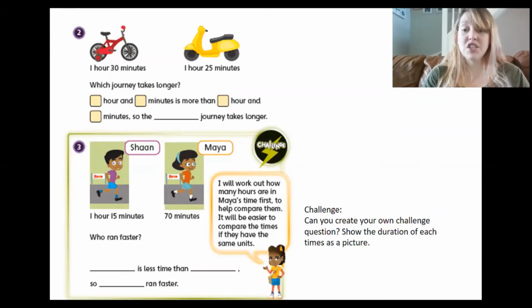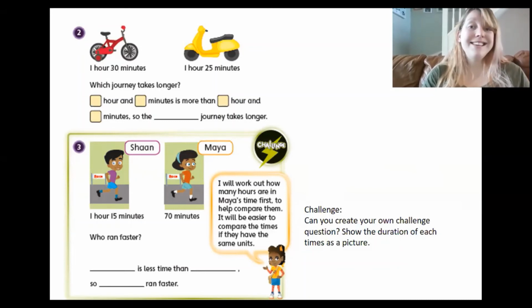Now, your challenge is looking at challenge question 3. Could you come up with your own question? Could you, just like in this question, show the duration of each of these times as a picture? Now, again, here you can see that Sian is doing it in 1 hour and 15 minutes, but Maya purely says 70 minutes.